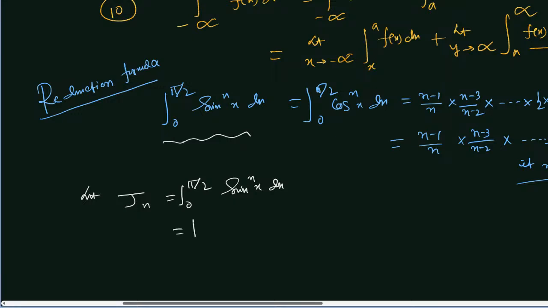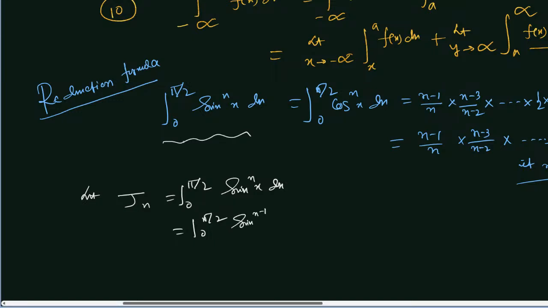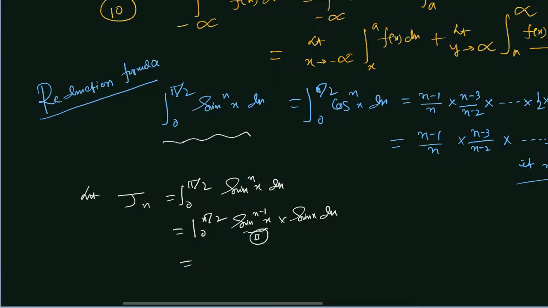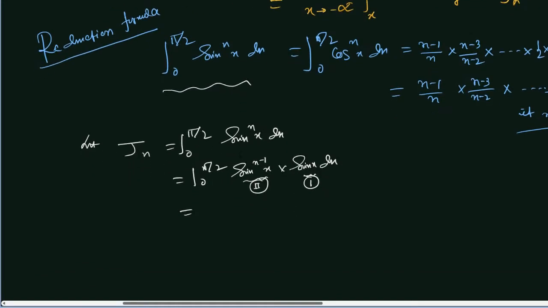You write it in the form integral from 0 to pi by 2 of sine to the power n minus 1 x into sin x dx. Okay? Obviously, we'll do it by parts.